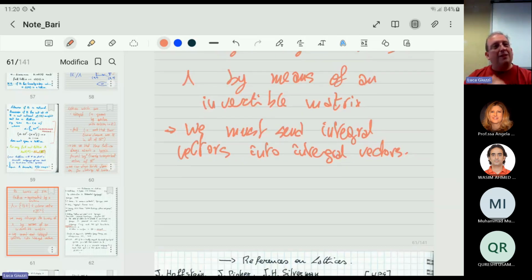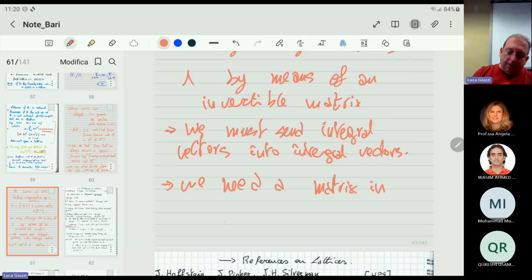But this means that basically we need a matrix in the general linear group, the group of n times n square matrices with integer entries. We need something which is in this group here. And this is a very strong requirement.